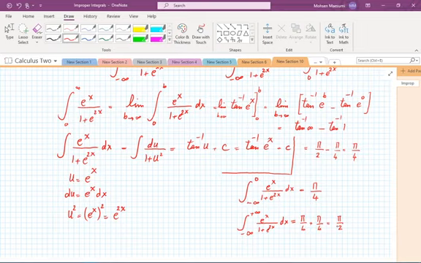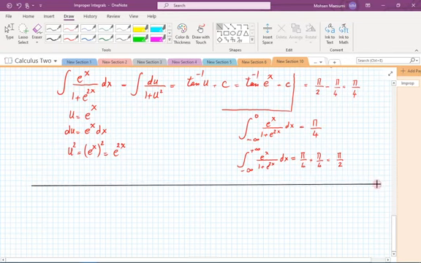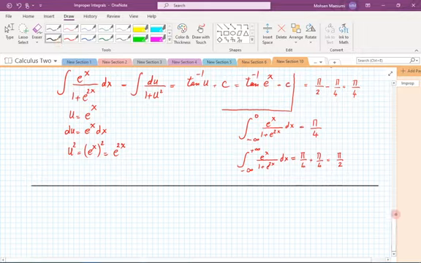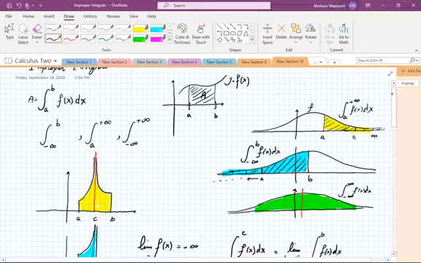Now let's take a look at the other type of improper integral we were talking about. We said sometimes it's the function that goes to infinity. The examples that I had so far, we did one example like this, we did another example of this type, which has to be broken into these two pieces.